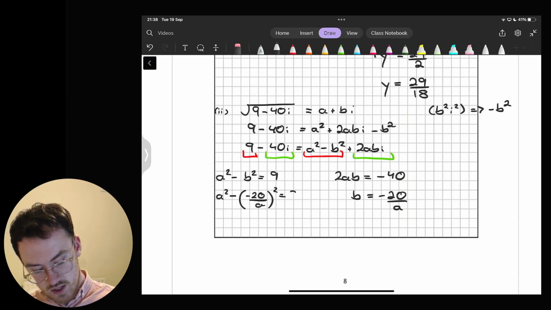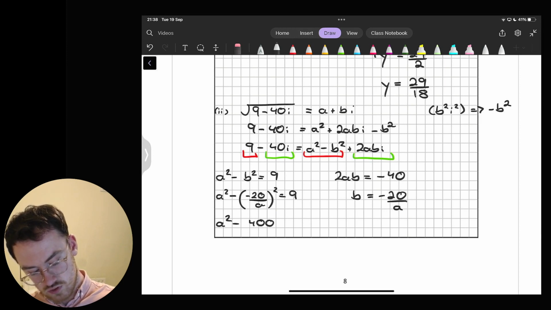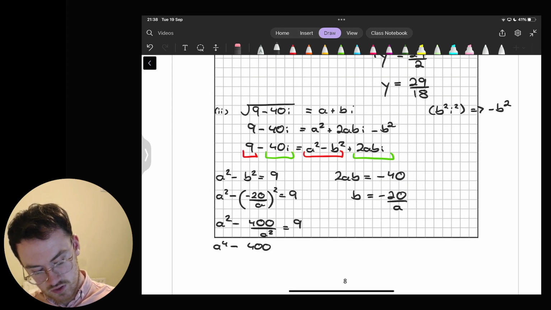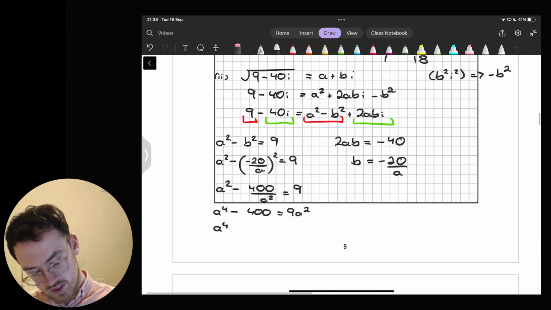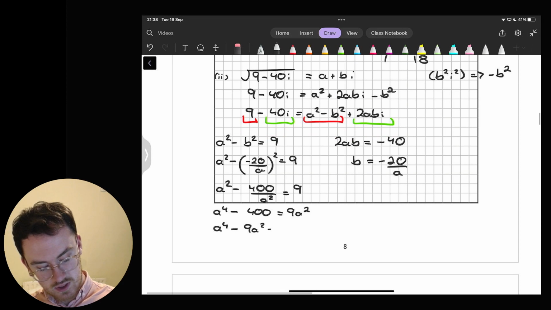Going to be squared. So a squared minus 400 over a squared equals 9. We get a to the power of 4 minus 400 equals 9a squared. And again, bringing that over, a to the power of 4 minus 9a squared minus 400 equals 0.